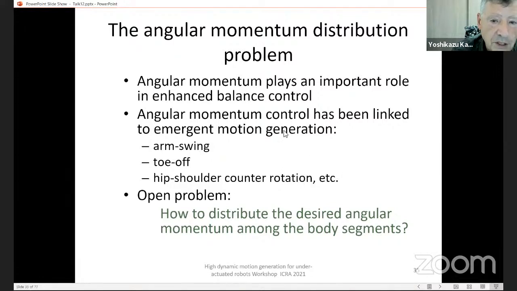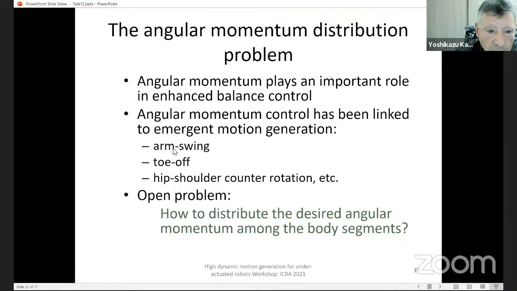These are examples of such emergent generation. So the open problem is, however, how to distribute this desired angular momentum among the body segments. So you have the desired angular momentum, but how to distribute it? So there you can get some emergent motion, like arm swinging.